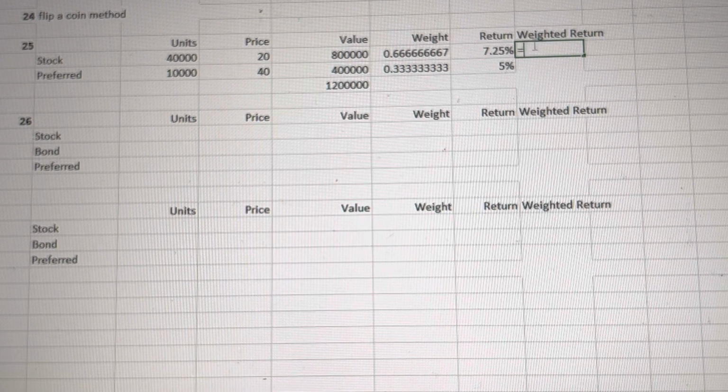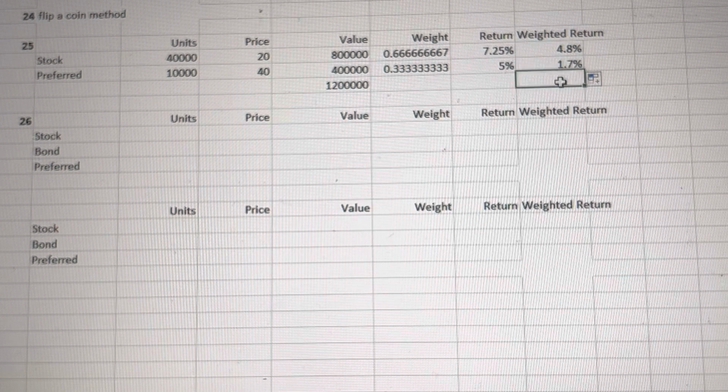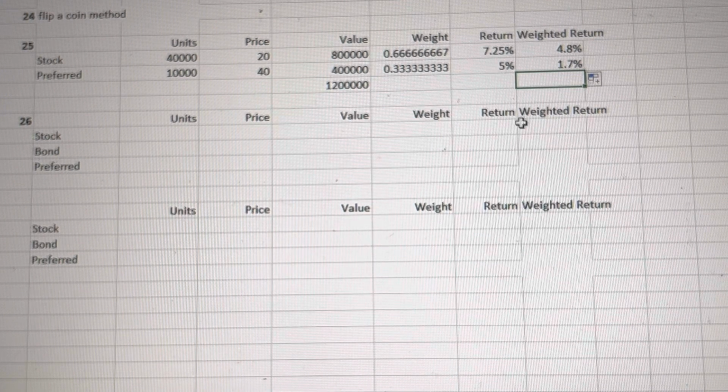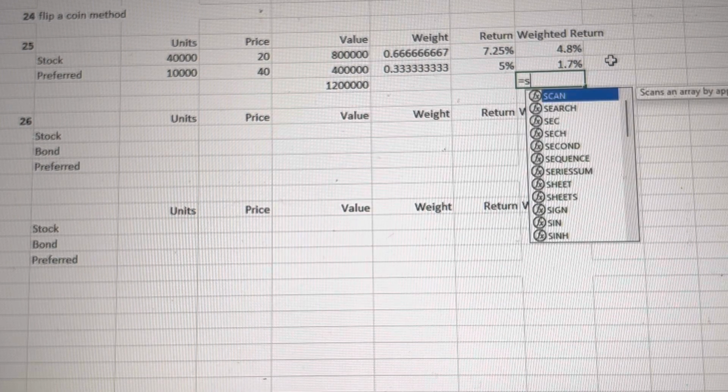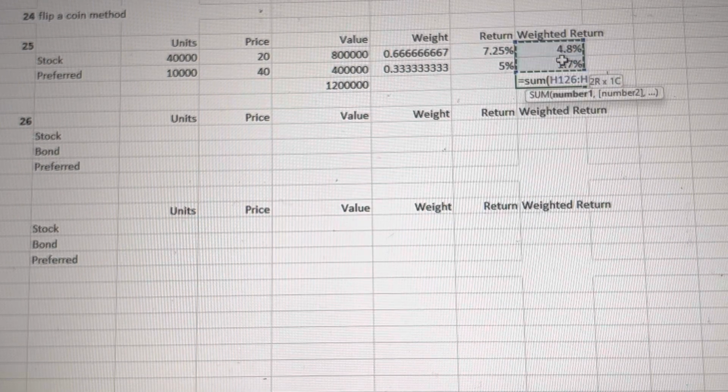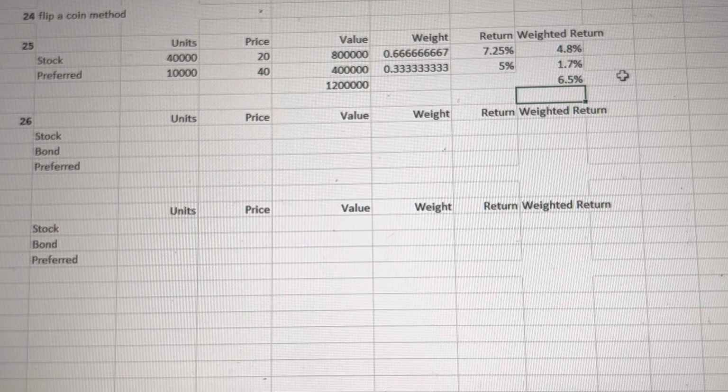The weighted return is the weight times the return. And then the final answer is the sum of the weighted returns, to get us a value of 6.5%.